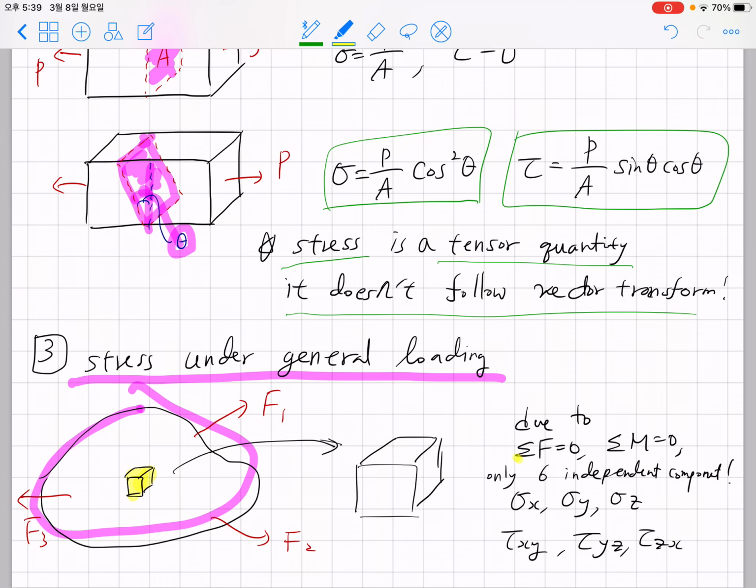However, due to mechanical equilibrium constraints, so that you can satisfy force equilibrium and moment equilibrium, out of 9 components, only 6 stress components are independent of each other. So when you have to determine the stress state of an arbitrary infinitesimal cube, you have to worry about only 6 independent components, and the other shear stress components will be automatically determined by these, because they will satisfy this relationship.